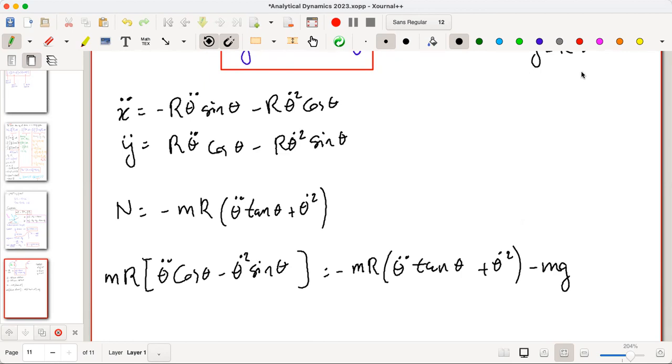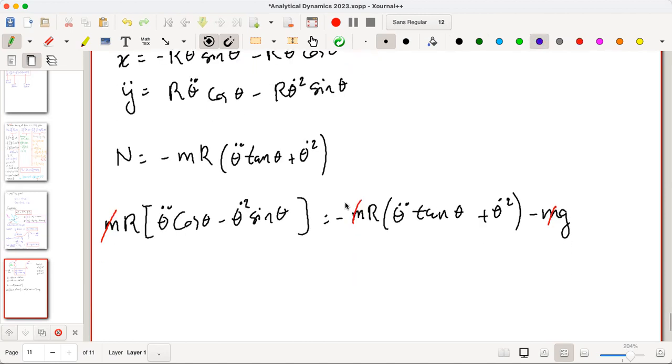Okay, so I can cancel m. Actually, I can cancel mr, yeah, but let's cancel m first. So I can rearrange this equation. Is there anything I can cancel here?